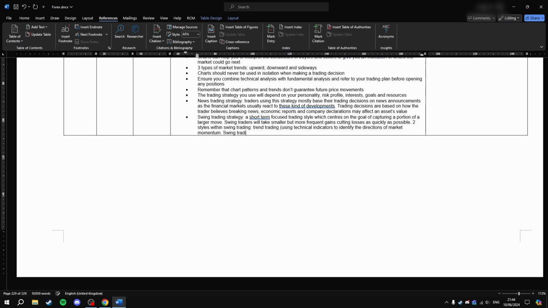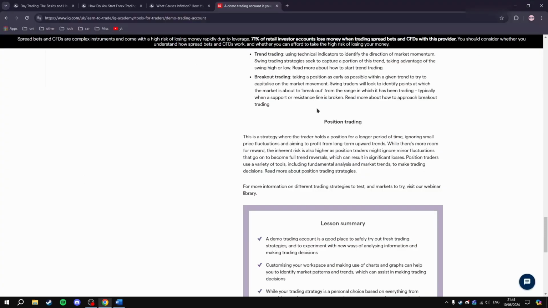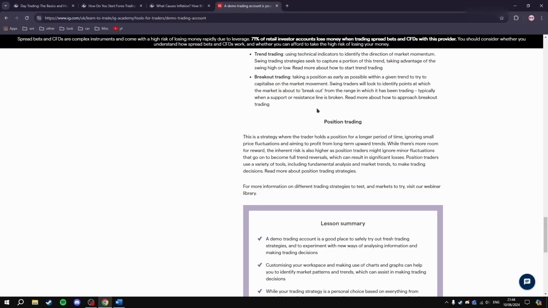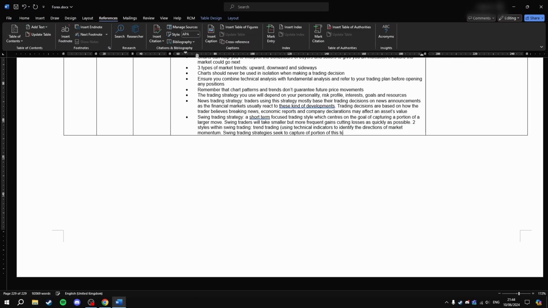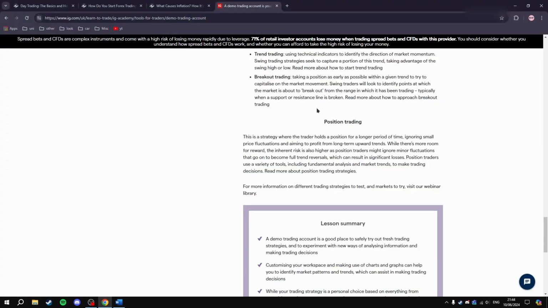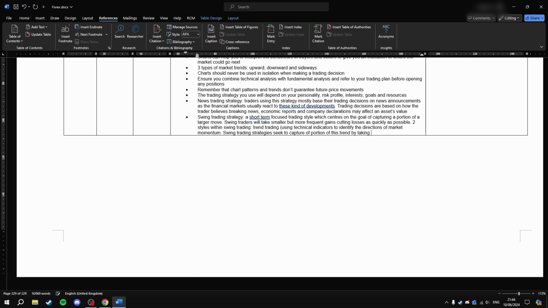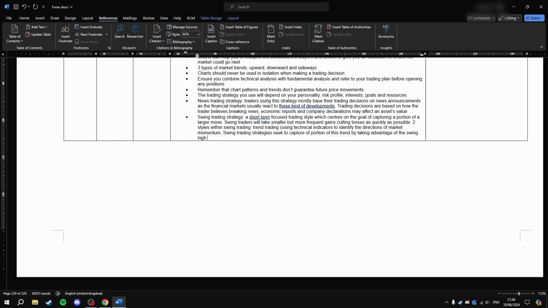Swing trading strategies seek to capture a portion of this trend, by taking advantage of the swing high or low.